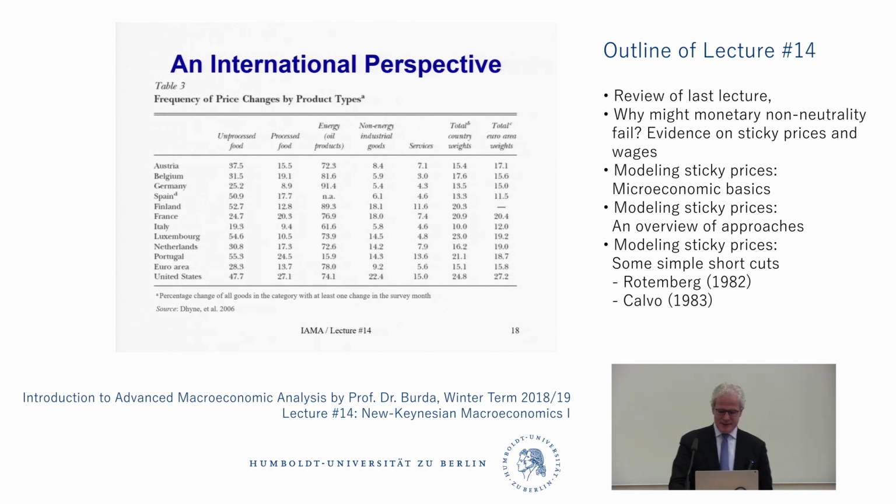But we end up getting a similar degree of price rigidity across these euro area countries and the United States, although the United States seems to have a much more flexible price profile, price policy setting, which could have to do with competition.